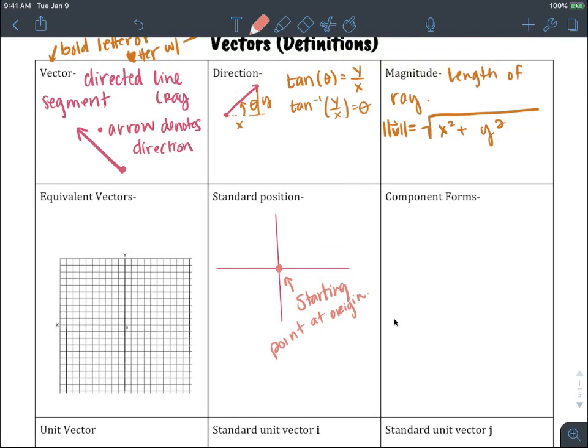So something else that is important about a vector is that the point that it starts from is called the initial point, and the ending point at the arrow doesn't say it goes on forever. It just denotes the direction. Okay, so the ending point is called the terminal point.